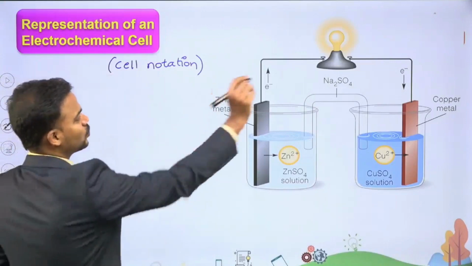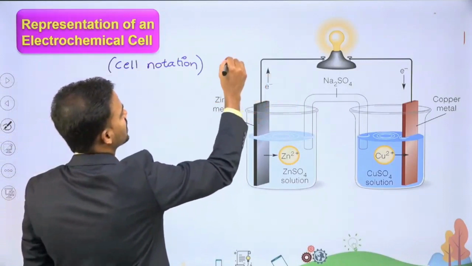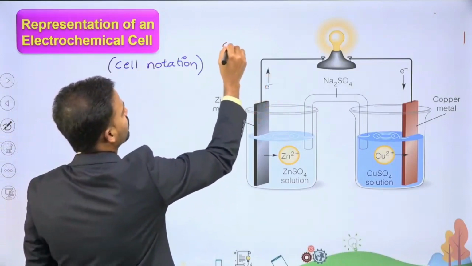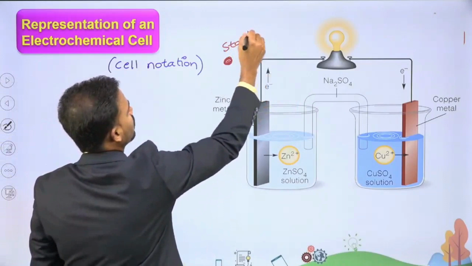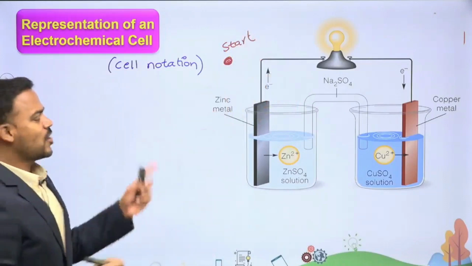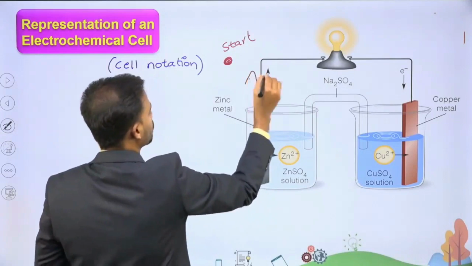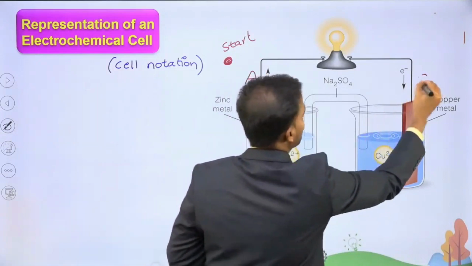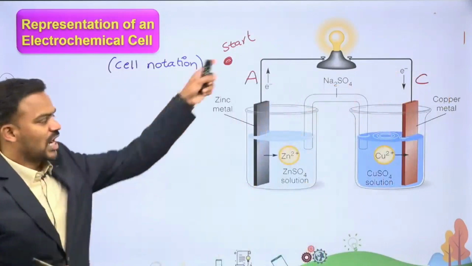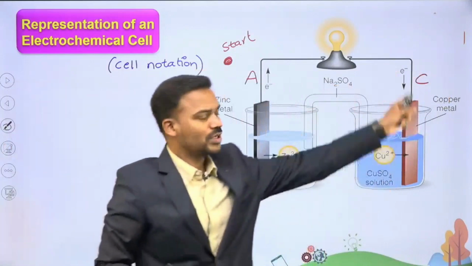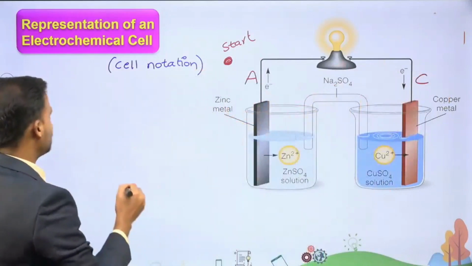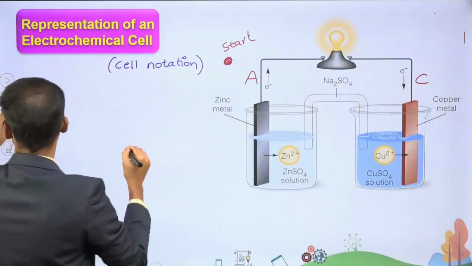You have to start from here. This is the start point. You have to start from the anode compartment. This is your anode, so you start from the anode and end up at the cathode. You move from anode towards cathode. And the direction in which you will be moving is like this.